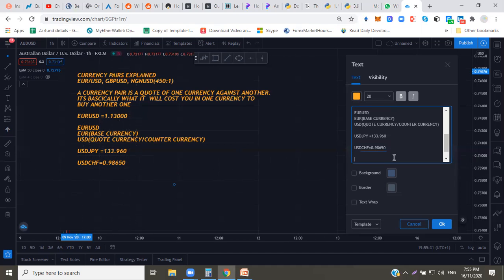Then the next thing we're going to do now is major currencies. We talked a bit about this the other day. Major currency pairs.